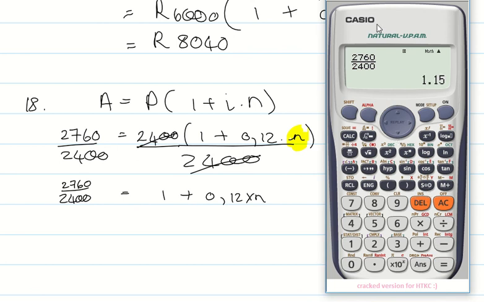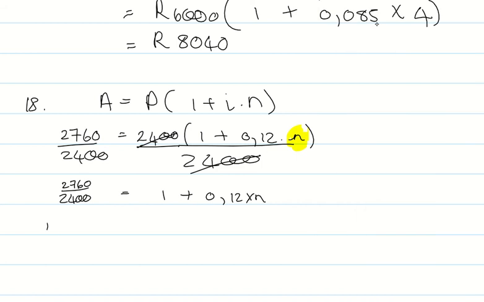So I write 1.15. And then I want to get rid of that 1, so I take it over to the left hand side. It's plus 1 on this side, so it becomes negative 1. And what remains here is 0.12 times n.